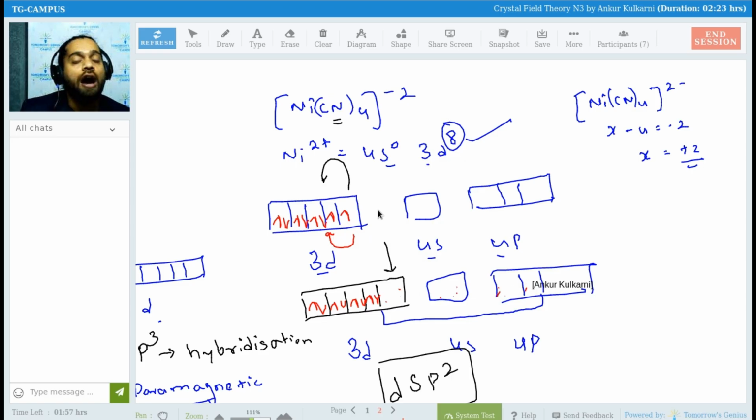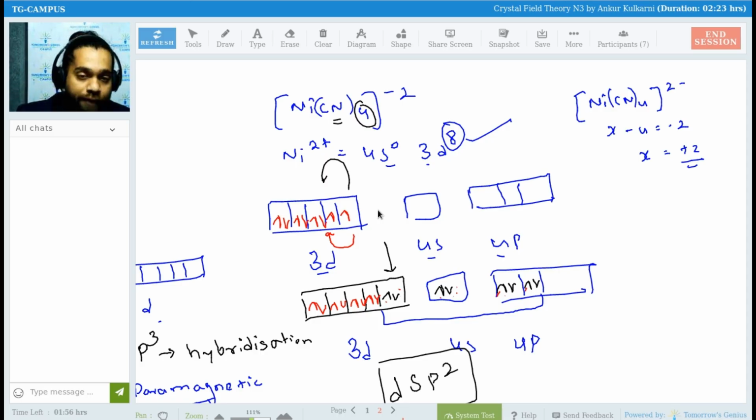Now how many ligands we have? We have the 4 ligand. Each ligand donates 2 electrons in each orbital. So first ligand, second ligand, third ligand, fourth ligand. You have to start filling from the first orbital.